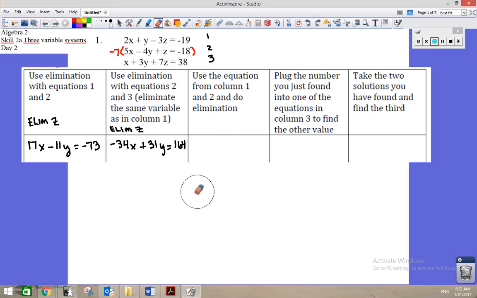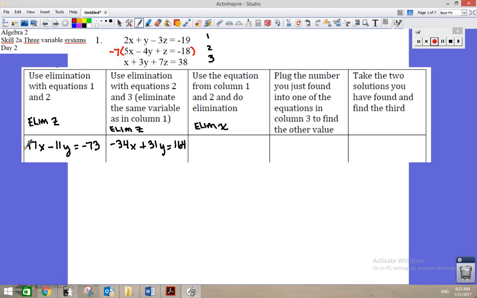So I'm going to eliminate the x's. For x here we have a negative 34.